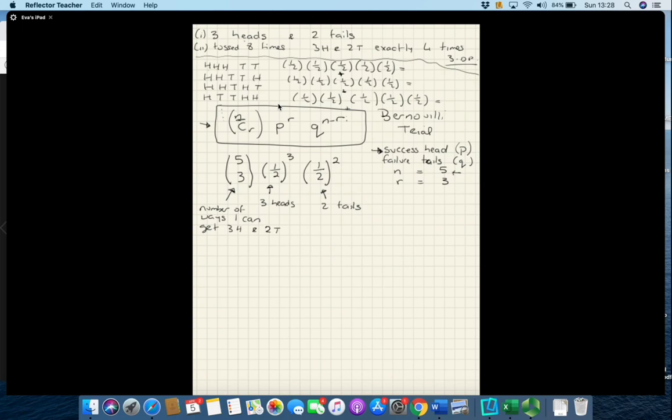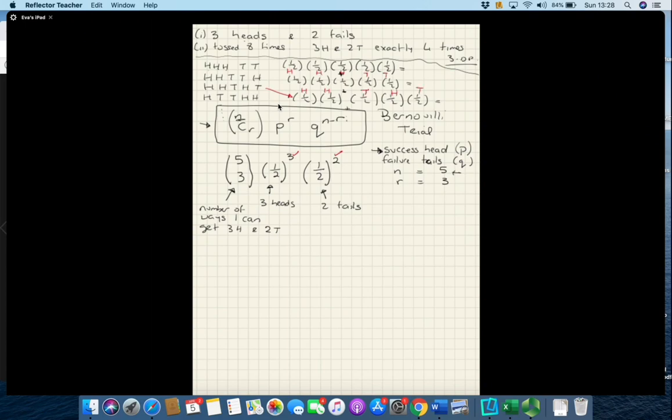Okay, so just to tie that into what we were doing above, in all of these lines you will see there's my 3 heads, which is this 3 here, and these are my 2 tails. Now I know the probability is the same in this particular example, but they're not always the same, but the method works the same regardless. If I take a different combination, so there's my head, and my 3rd head over here, so that's this half to the power of 3.